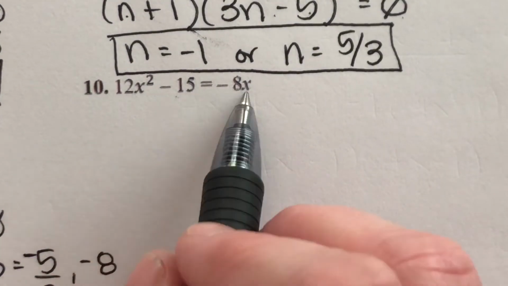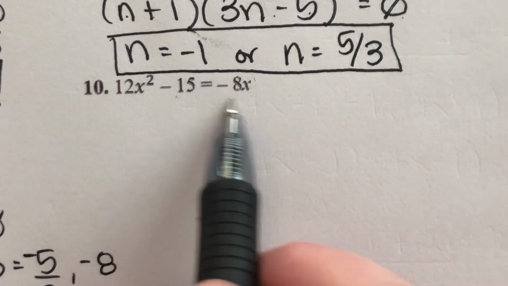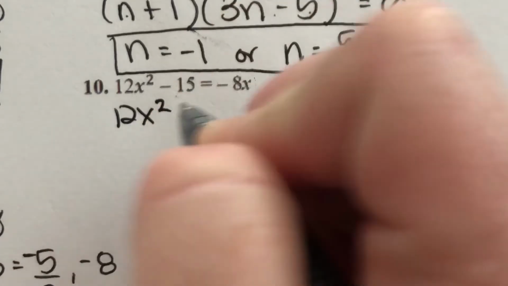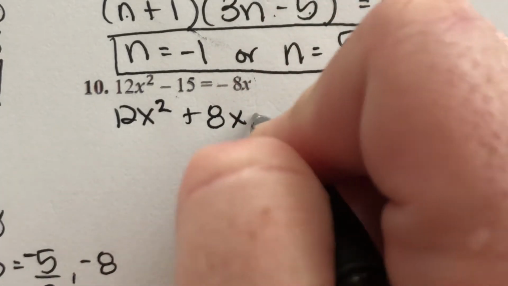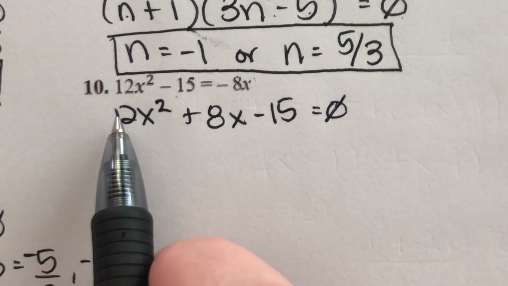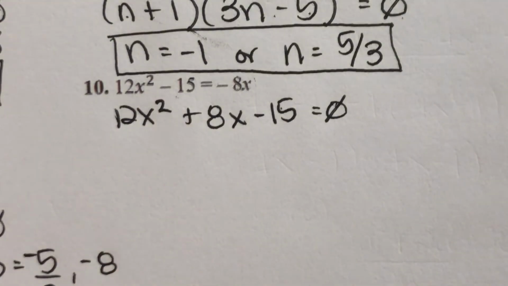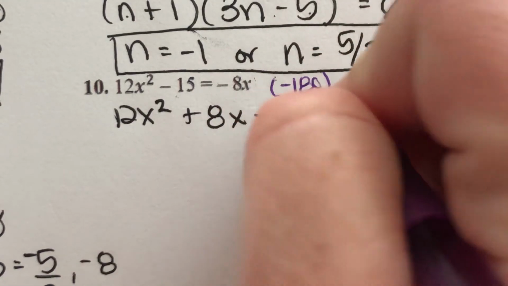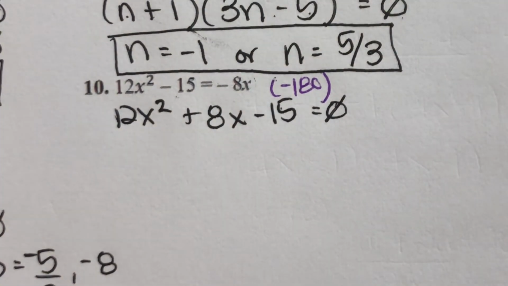12x squared minus 15 equals negative 8x. I want to get 0 here, so I'm going to add 8x. 12x squared plus 8x minus 15 equals 0. When I multiply 12 times negative 15, I get negative 180. And then the factors of negative 180 that add up to 8 are 18 and negative 10.